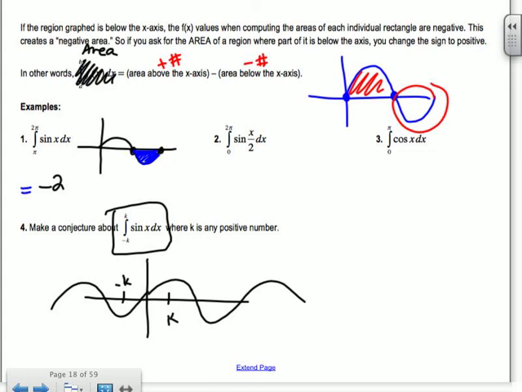Because it's not area, it's the integral, right? So it's going to take that negative piece and add it to the positive piece, and it's going to end up being 0. Yes? Yeah, Mackenzie? Number 1, what, 0.258? Okay, make sure you're in radians, not degrees. I almost messed that up myself.